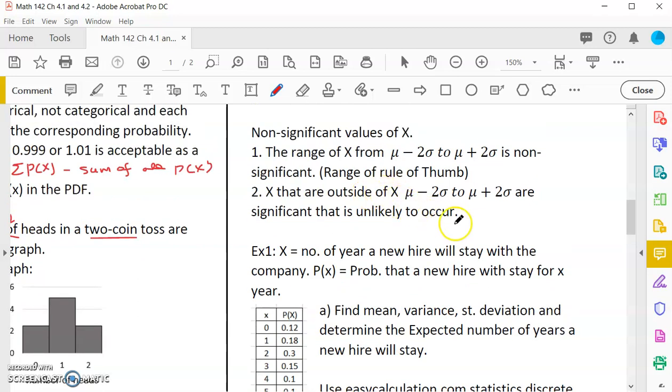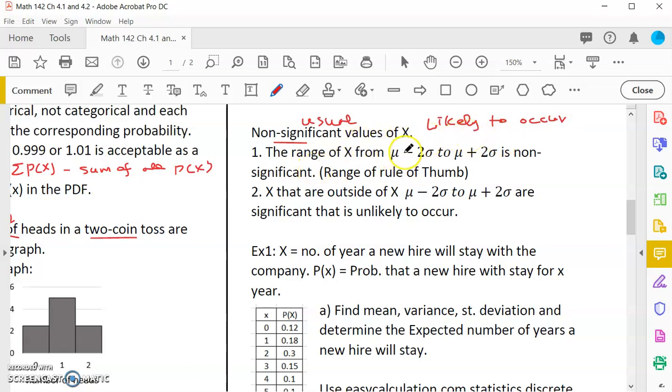How do I know what values I will usually see, and what values are not usual? Like last time I had 4. I think that is quite unusual, right? So non-significant values are the ones that are usual. That means they're likely to happen. You're likely to see these x, likely to occur, so that you will not be surprised.